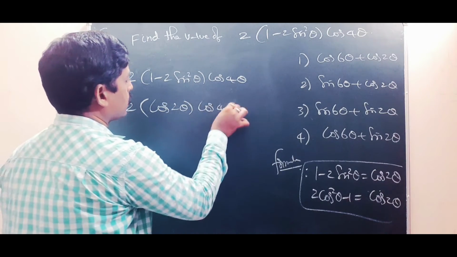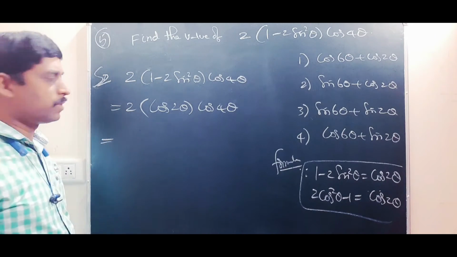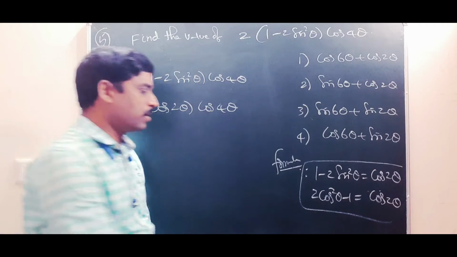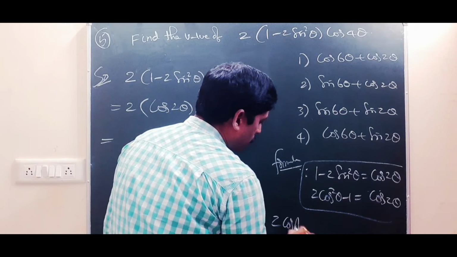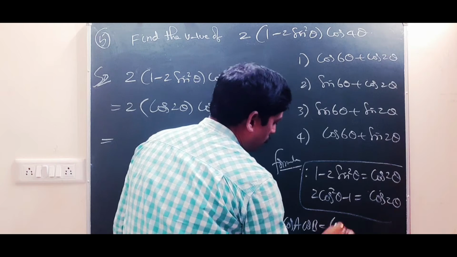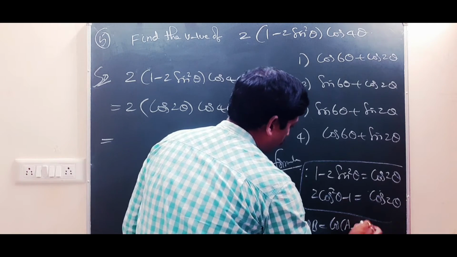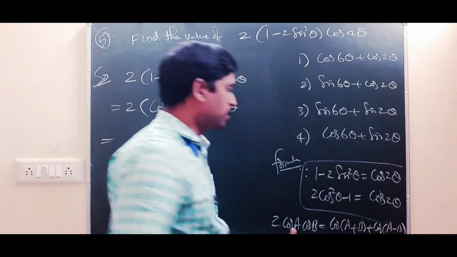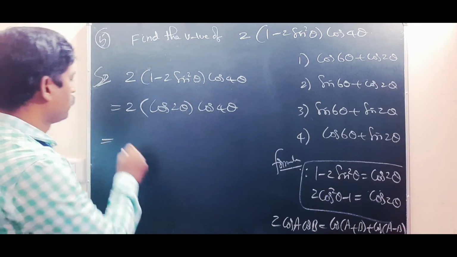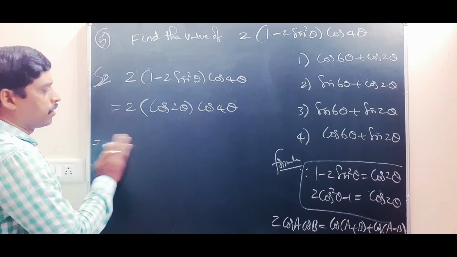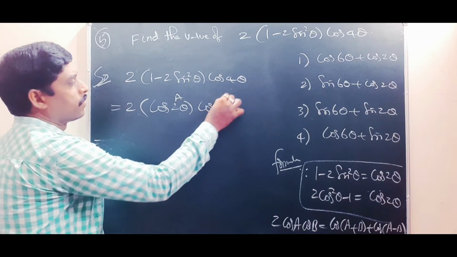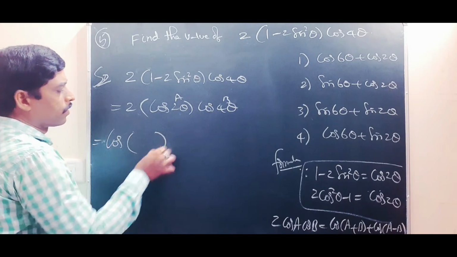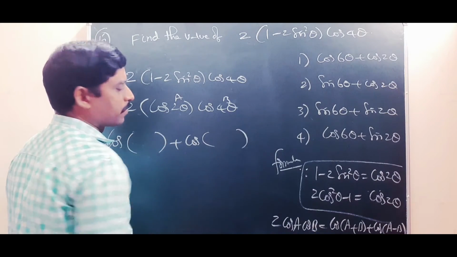Into cos 4 theta, it becomes 2 cos A cos B, and 2 cos A cos B equals cos (A plus B) plus cos (A minus B).